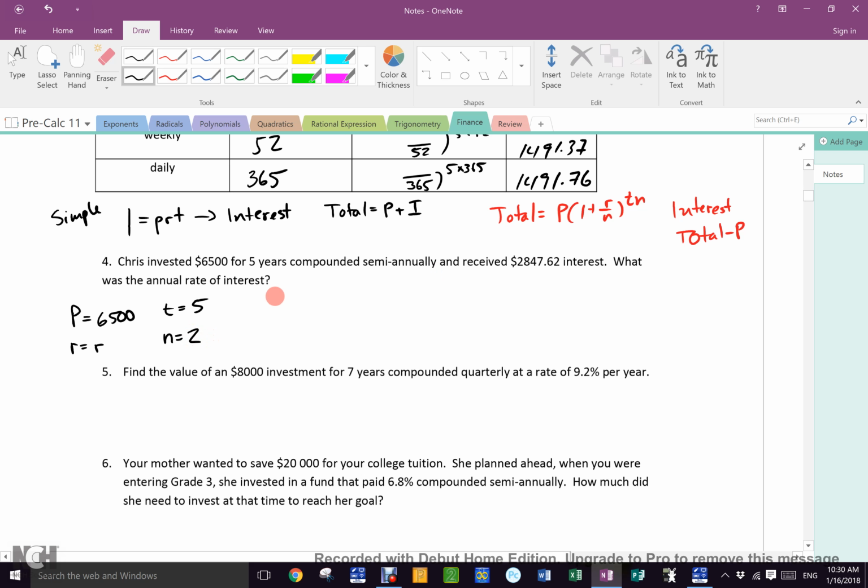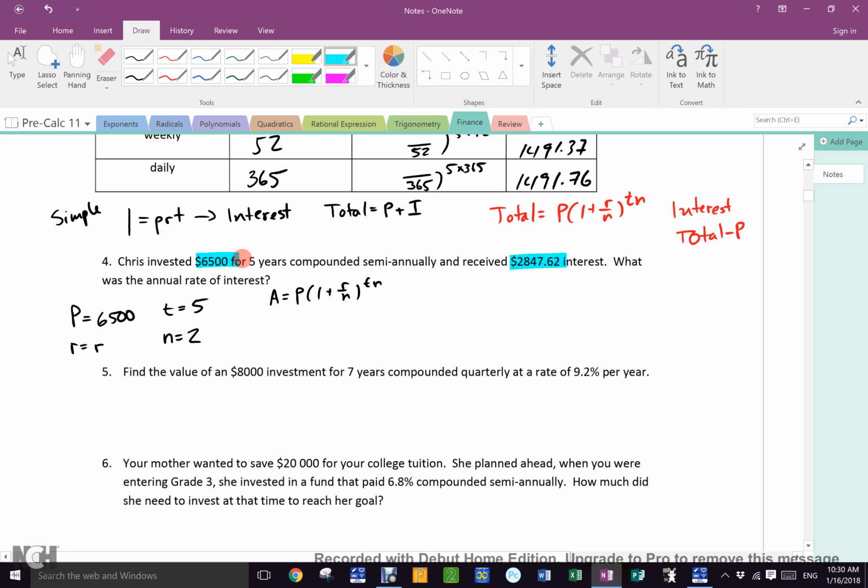So I know the formula is A equals amount equals P times 1 plus R over N to the Tn, yes? Do I know his final amount? What is it? That plus that, right?